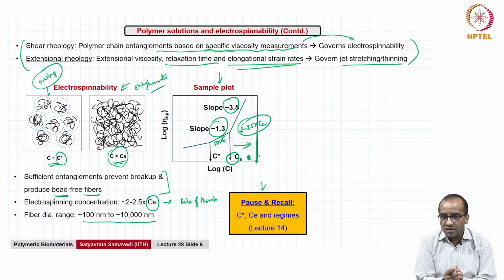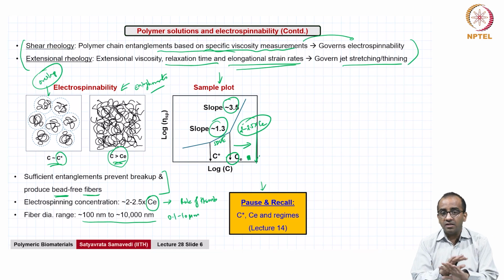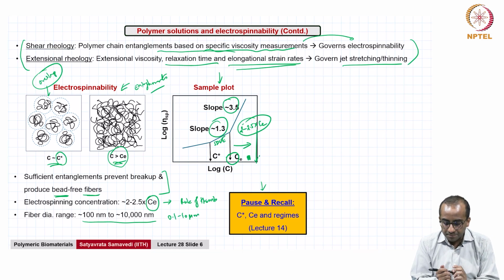Of course, you will always have reports that show much less than 100 nanometers or higher than 10 microns, but those are exceptions. The typical useful and commonly processed range is about 0.1 to 10 microns. This is for the diameter of a single fiber in the non-woven electrospun mesh.